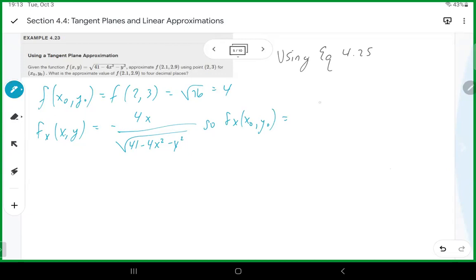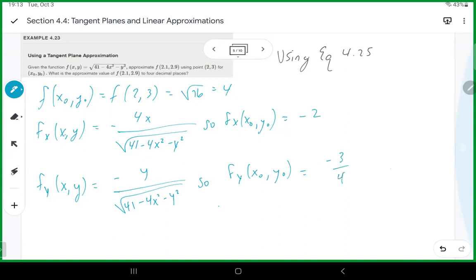So if we plug everything here, we get -2. And if we plug everything here, we get -3/4.